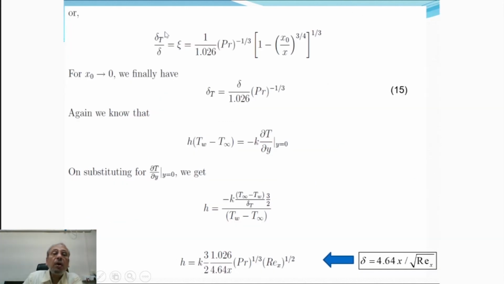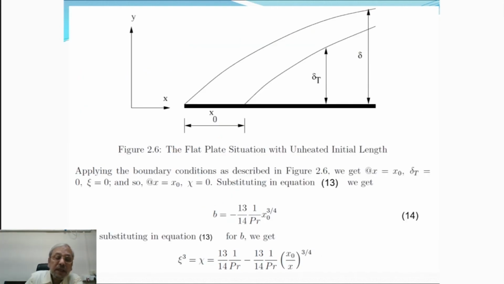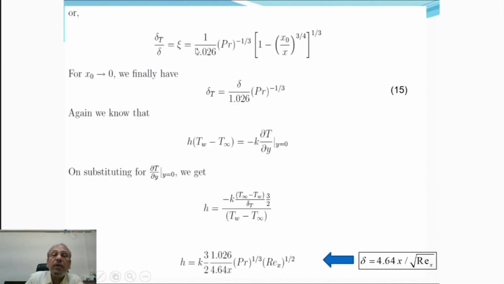And zeta cube is basically we got from, if we remember, zeta is nothing but delta by delta t. So zeta cube is this. From here, if we try to find out an expression for zeta, we will get this. And zeta is nothing but delta t by delta.